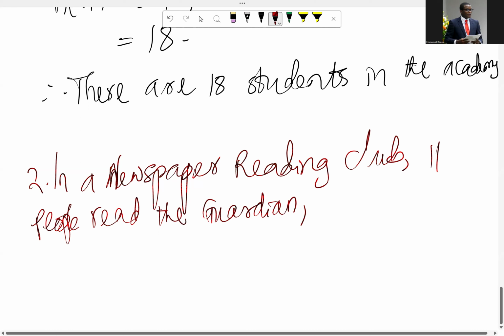Or better still, let's say 16 people read the Guardian.